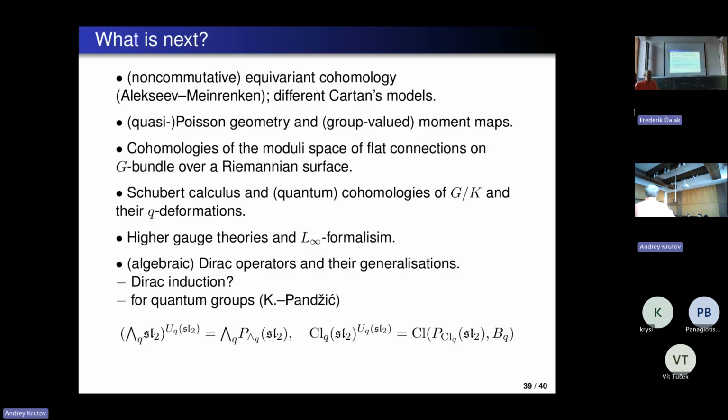What we're interested in is this: we have a description of regular Schubert calculus as some graded version of invariants in the Clifford algebra. Now we want to see, so we have another deformation of Schubert calculus. Is it the same as quantum cohomology?